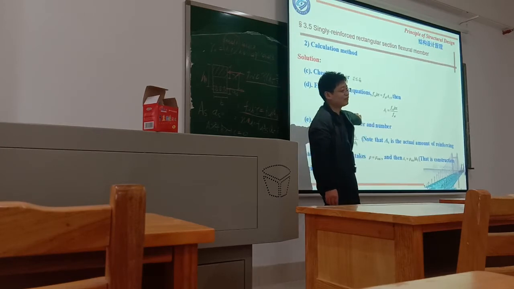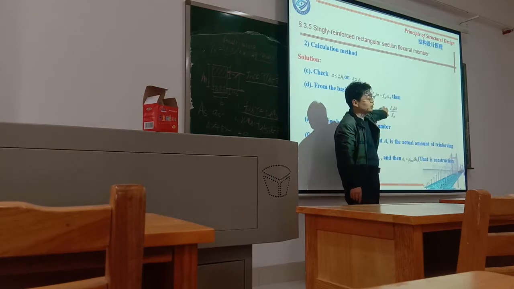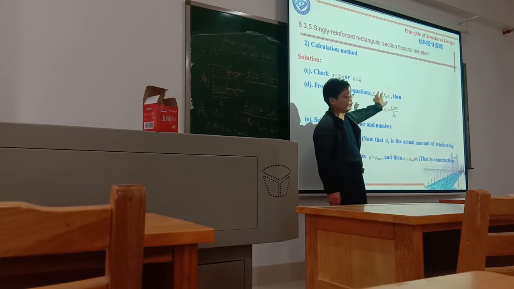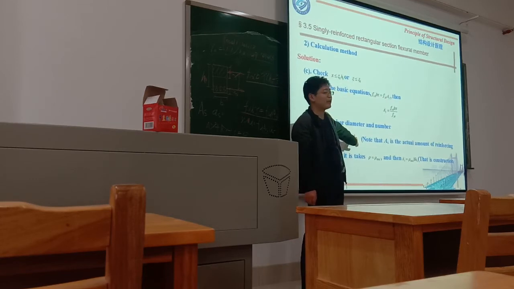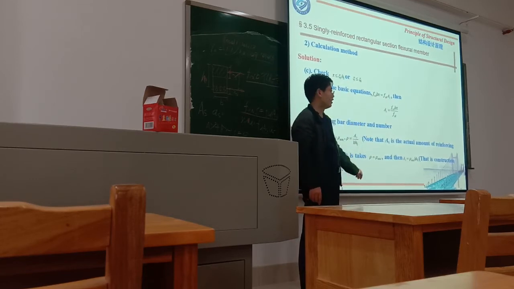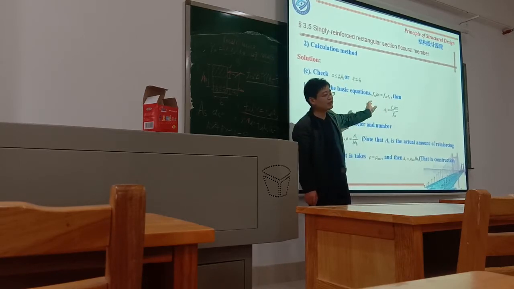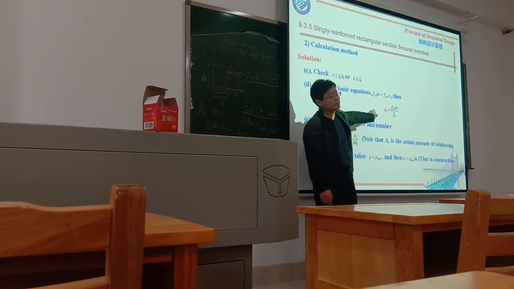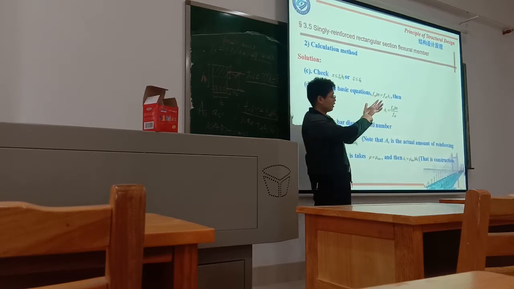Of course, I have told you. This one is a theoretical number that you will need. This one is the real area you put in the beam. Normally, this one is larger than this one. It's very difficult to make this one just equal to this one because of the diameter of the steel, you cannot just say the diameter is 20 point something.